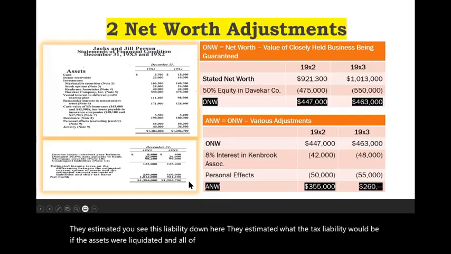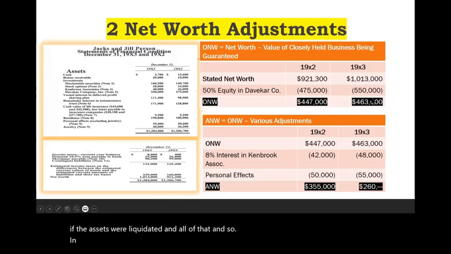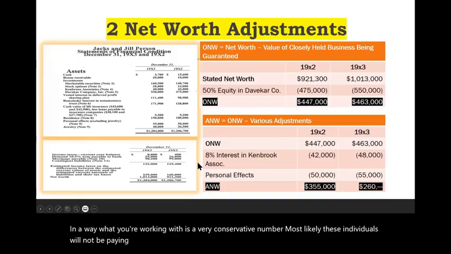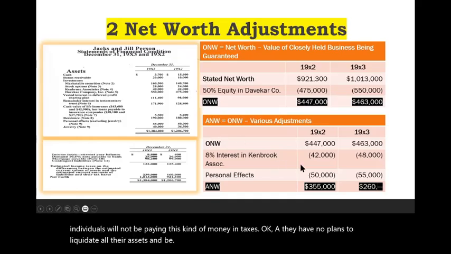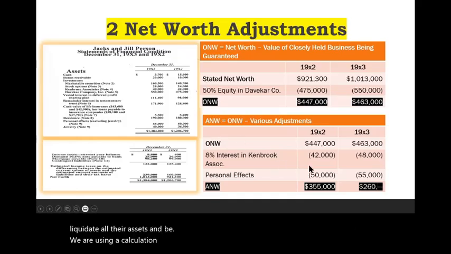And so in a way, what you're working with is a very conservative number. Most likely, these individuals will not be paying this kind of money in taxes, okay? A, they have no plans to liquidate all their assets, and B, we are using a calculation that is not based on the actual event, and so it's an estimate.